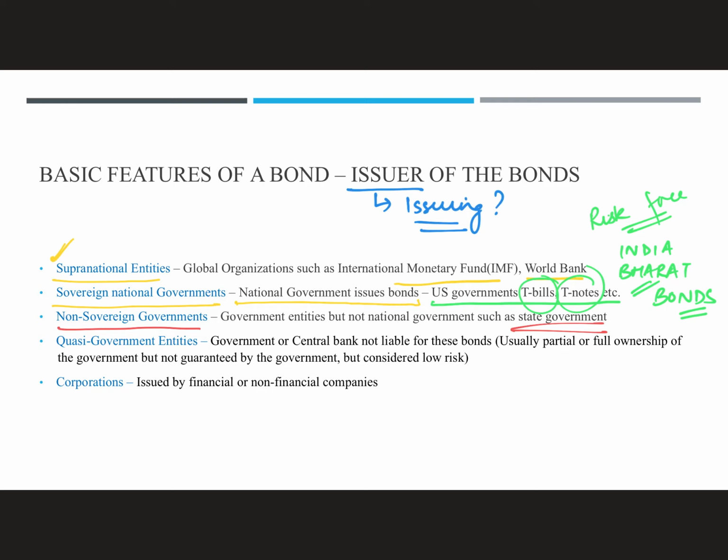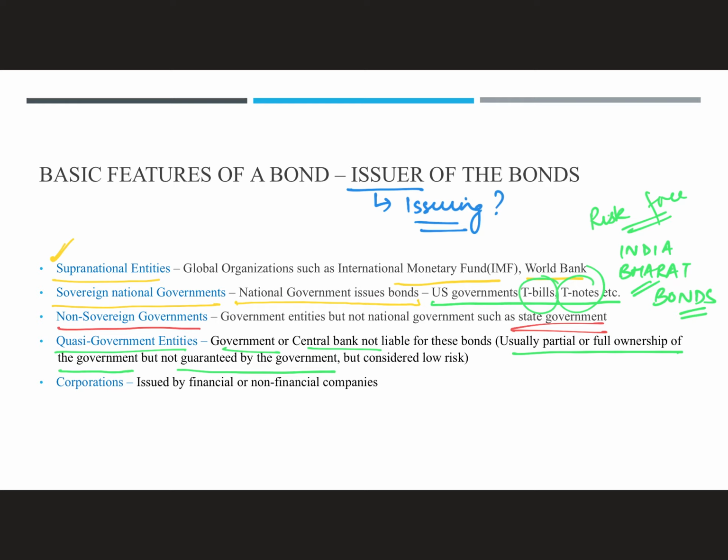Quasi-government entities. So the fourth kind of entities is quasi-government entities. These are entities which are not essentially backed by the government or the central bank. They are not liable for these bonds, but most of these entities are related to the government in some form or the other. How are they related to the government? Usually, it's a partial or full ownership of these entities by the government, but yet again these are not guaranteed by the government.